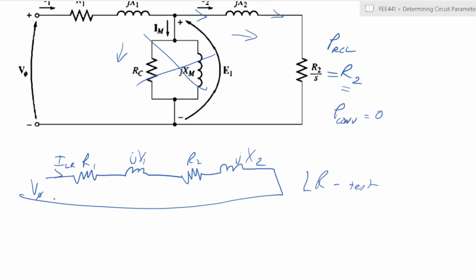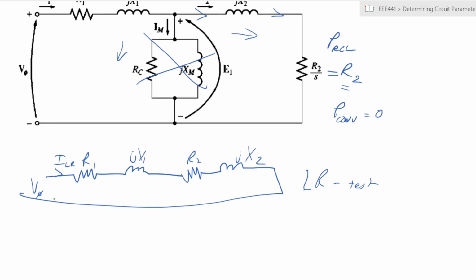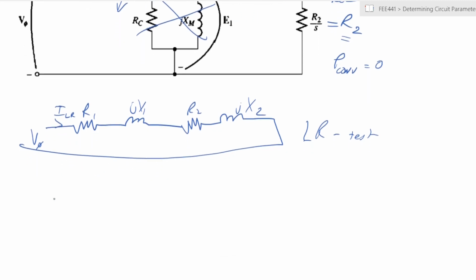So in this particular case, you will know that your value of impedance, the ZLR, is equal to phase voltage over the load current, which is equal to line voltage over √3 times the locked rotor current, right?